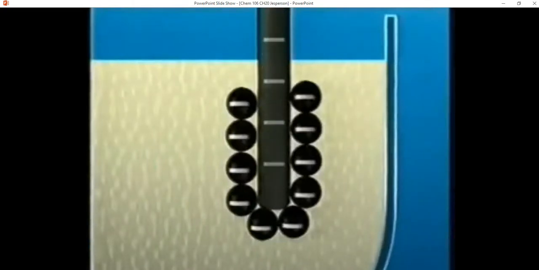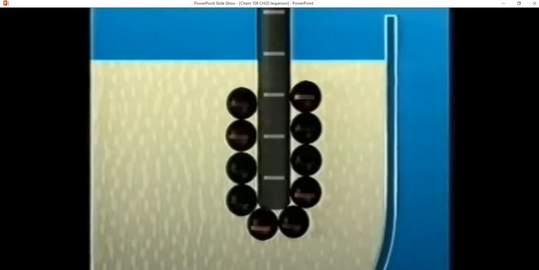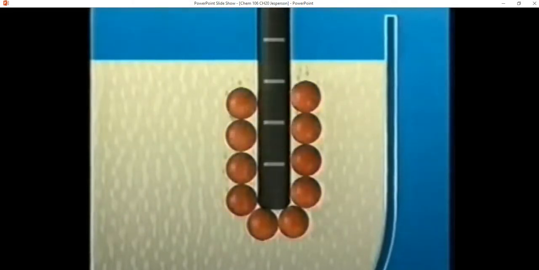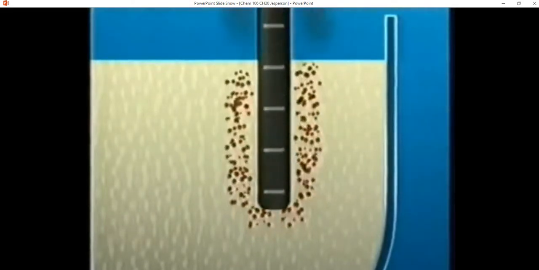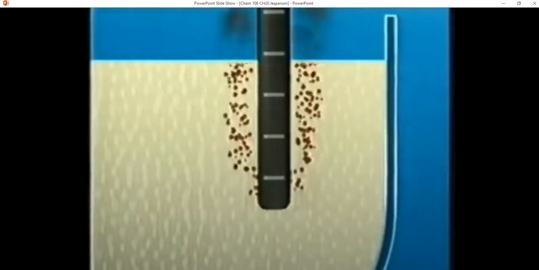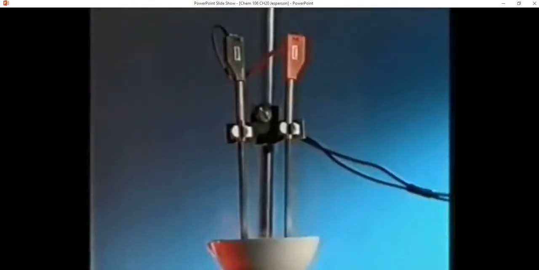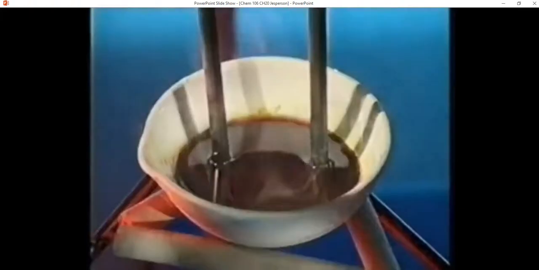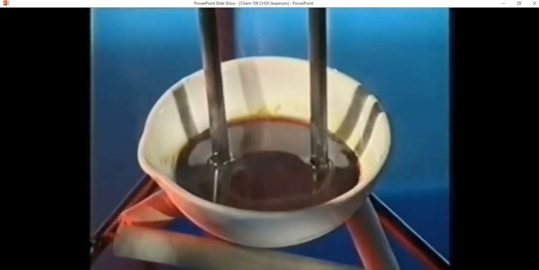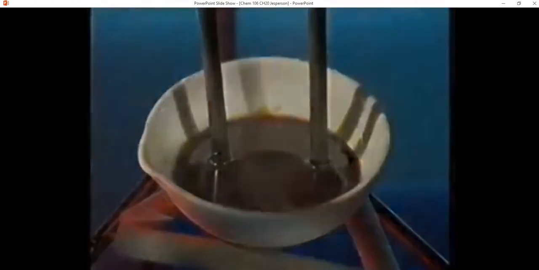They lose their positive charge and form lead atoms. Bromide ions give up electrons. They lose their negative charge and become bromine atoms. These form a gas. Electrolysis of lead bromide only works when the compound is molten. Why doesn't it work when the compound is solid? Because the cell's not conductive.